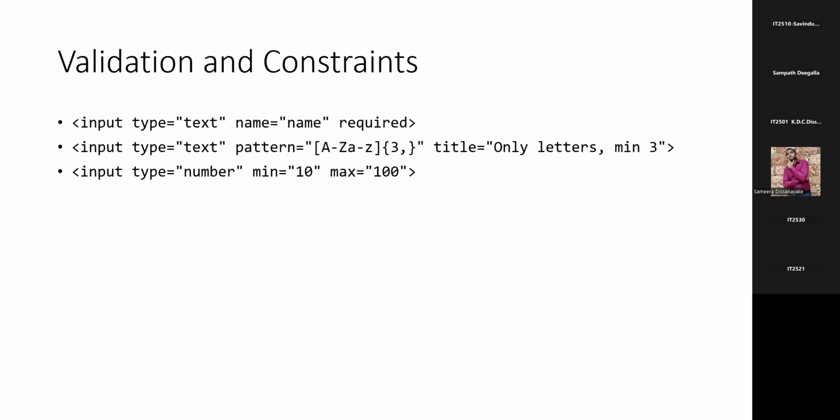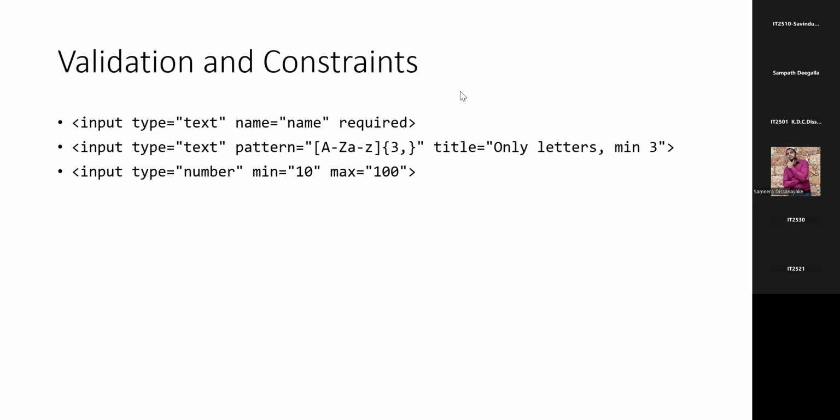It says required. That's the first one. The second one is you can check for patterns. For example, let's say you expect some text from the user, and then you check the value that is entered.